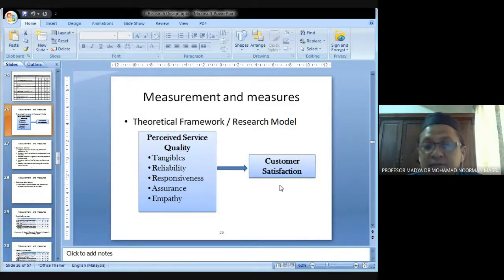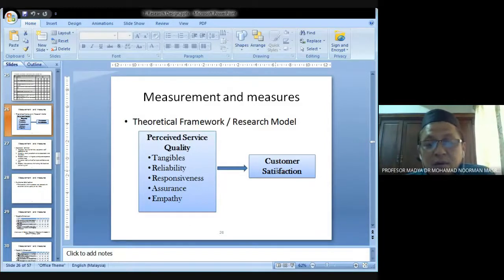It doesn't have any dimension. Last week I already explained to you that it is possible to analyze the framework that you have developed for your study to look into the concept only, which we call second order, or you want to look at the dimension, which is called single order.